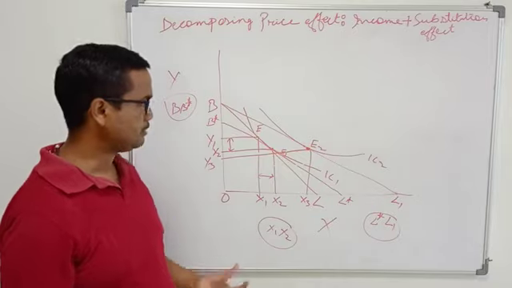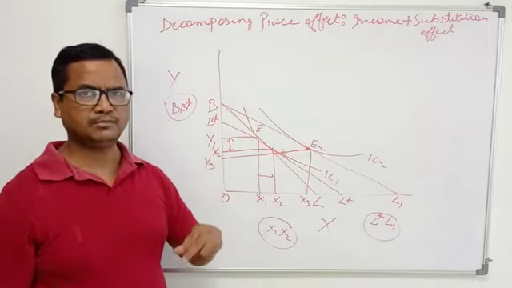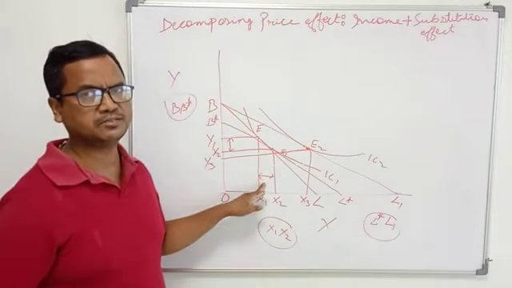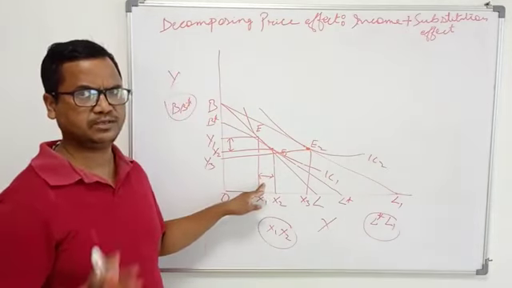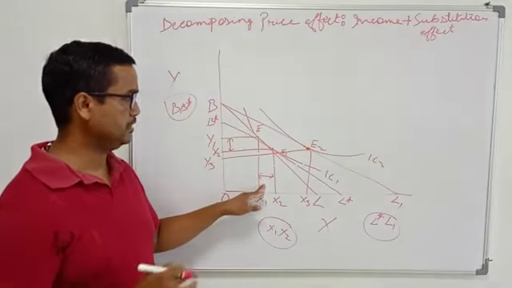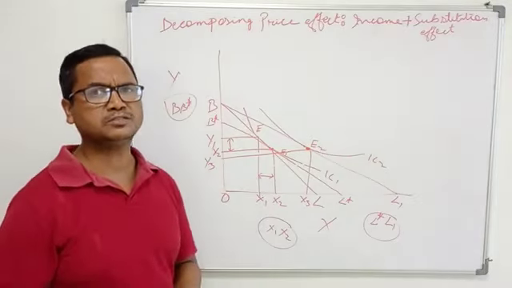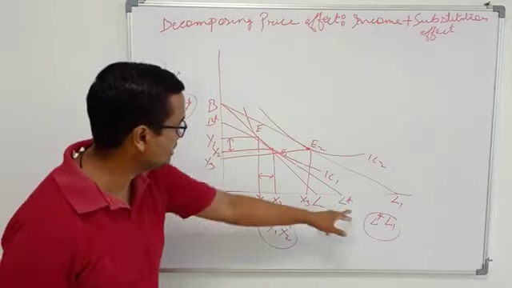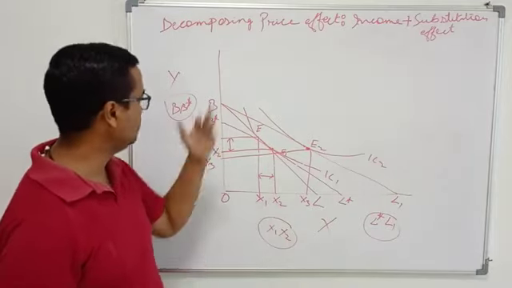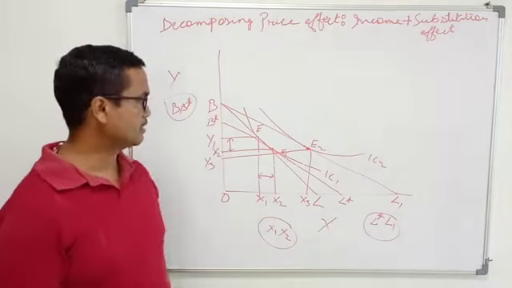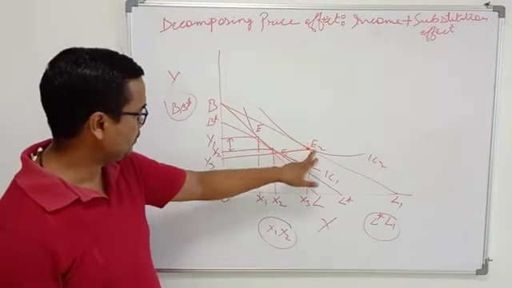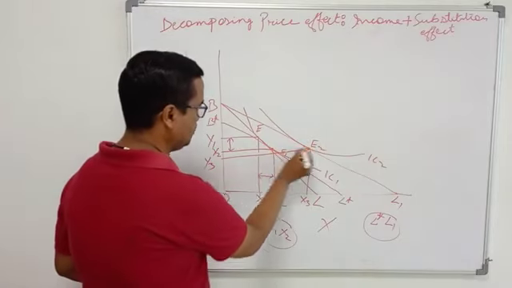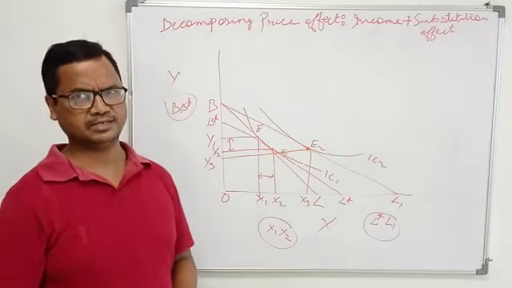Now, while analyzing this, we assume that the real income of the consumer is constant. So this is known as the substitution effect. Now, if we allow the consumer's real income to increase, the budget line will shift from B star L star to BL1, and the consumer will move from point E1 to E2. This movement is the income effect.